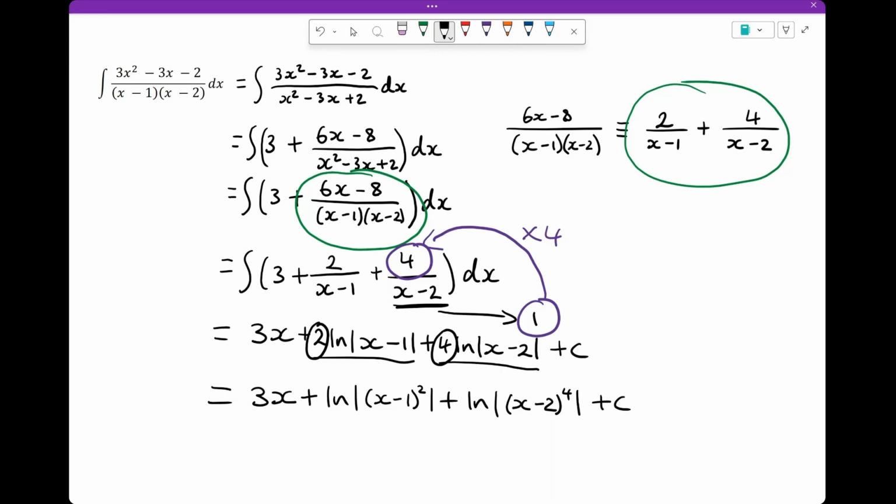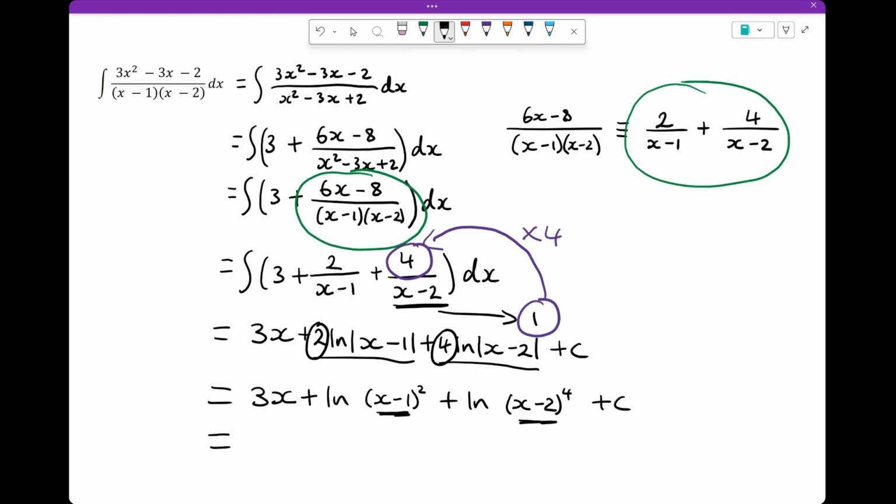Now, because the x subtract 1 and the x subtract 2 inside our natural logarithms are both raised to even powers, it means they're always going to be positive. So therefore, we don't need the modulus symbols technically. Okay, so we can actually drop the modulus symbols here and drop the modulus symbols there.